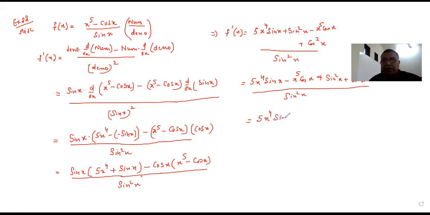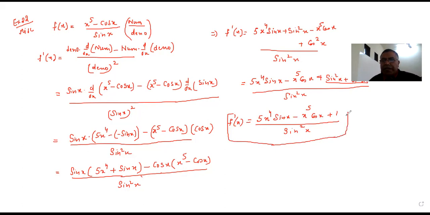Now see, sin square x plus cos square x, this is 1, so 5x^4 sin x minus x^5 cos x plus 1 upon sin square x. This is my f dash x. So this is the derivative. You can solve it further by taking x^4 outside common, and this is all.